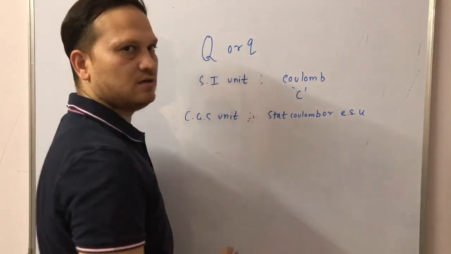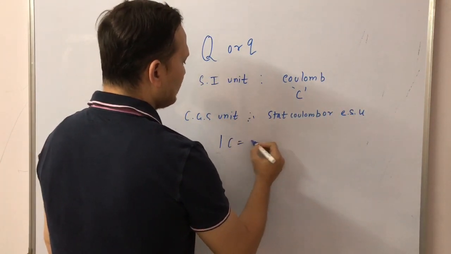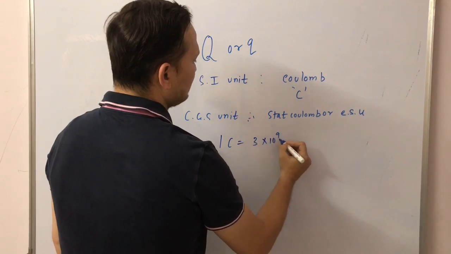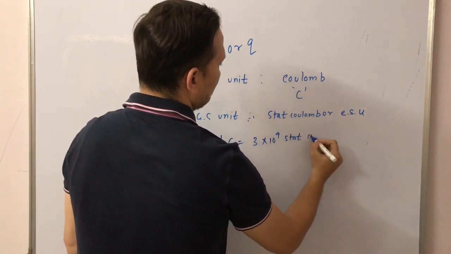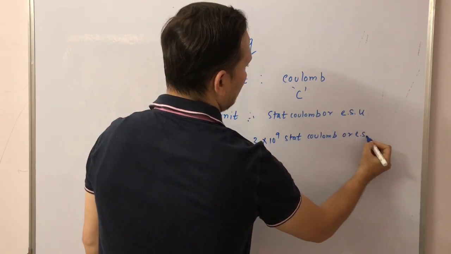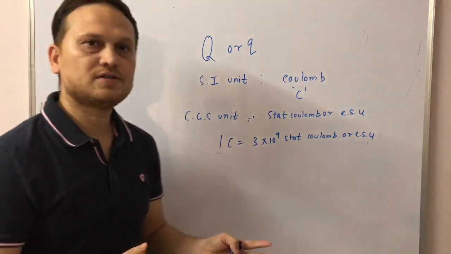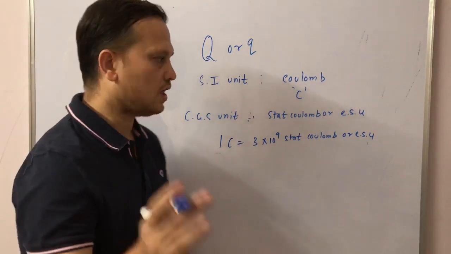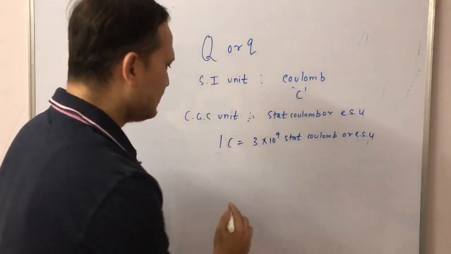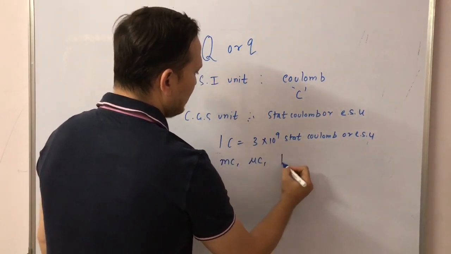So there is a relation between the SI and the statcoulomb: 1 coulomb equals 3 into 10 to the power 9 statcoulomb or ESU. As we know, the coulomb is a very big unit. So generally charges are measured in millicoulomb, microcoulomb and picocoulomb.